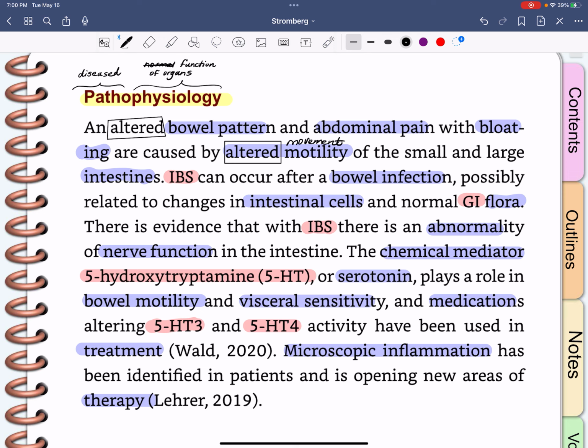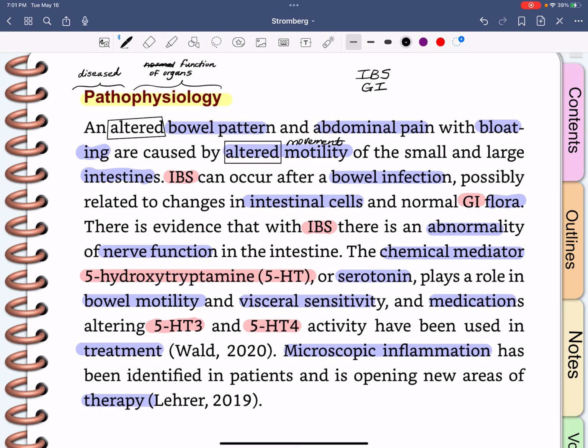At least I know that we're talking about some unnatural process with bowel movement, with the movement of food, of waste through your intestines. Okay, so then I see this word IBS. I know what that means, irritable bowel syndrome. GI is gastrointestinal. So just make sure that you know what the acronyms mean.